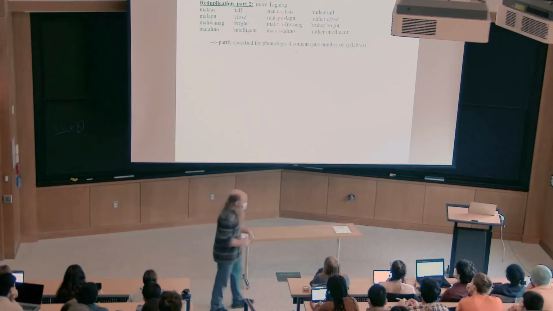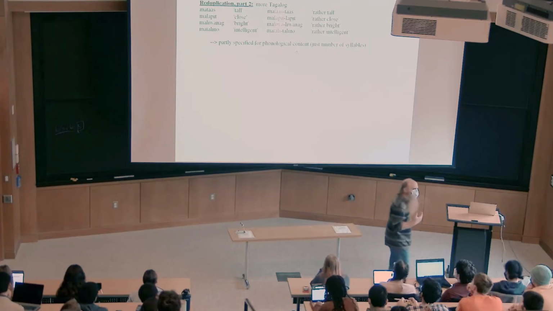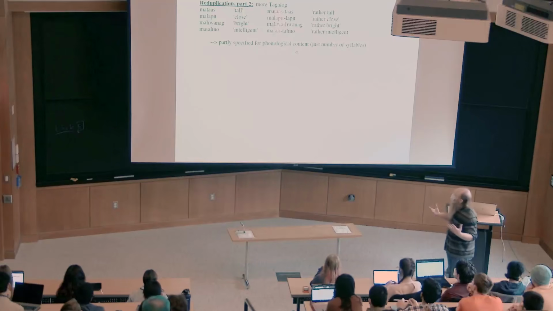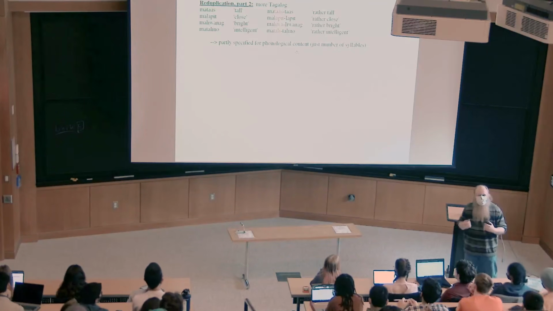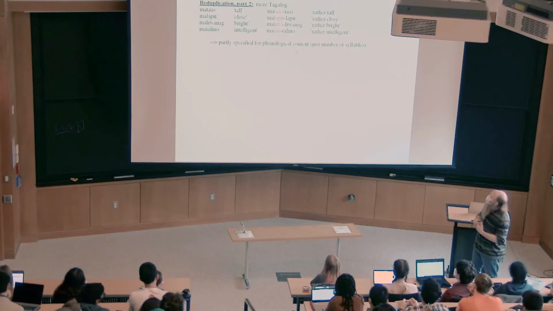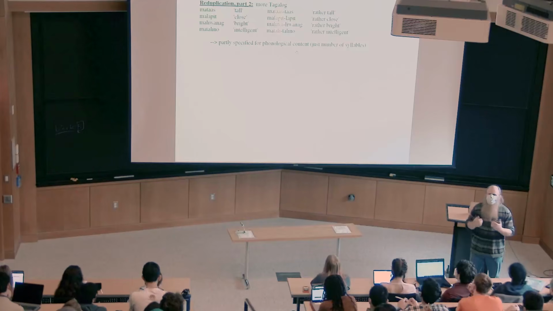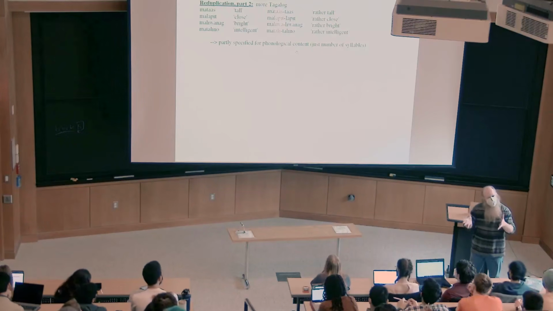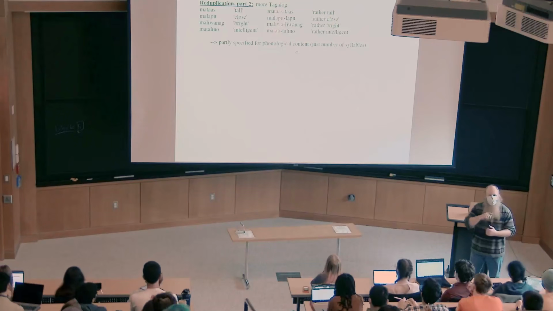So reduplicative morphemes, there are like 3 or 4 different types of reduplication in Tagalog. You've got a morpheme which is a prefix, and it is sort of specified for phonological content, but just how many syllables, right? So most prefixes, you've got a prefix and it's got consonants and vowels in it, and you put that before, you get an English prefix like un for unhappy.